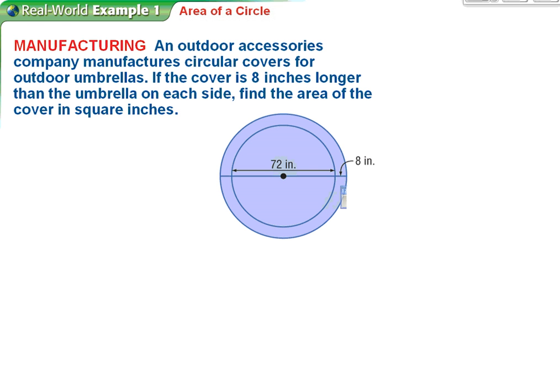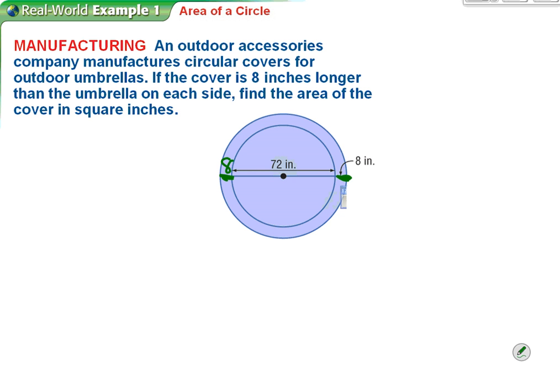I'll read this to you. An outdoor accessories company manufactures circular covers for outdoor umbrellas. If the cover is 8 inches longer than the umbrella on each side, find the area of the cover in square inches. And so we know that the umbrella's diameter is 72 inches, but then there's this little extra 8 inches right here, and then that means there's a little extra 8 inches right there as well.